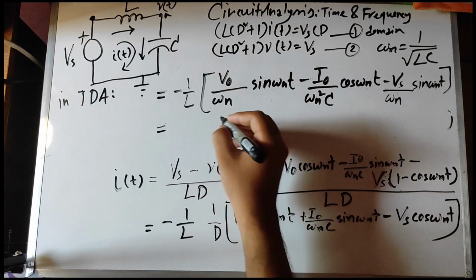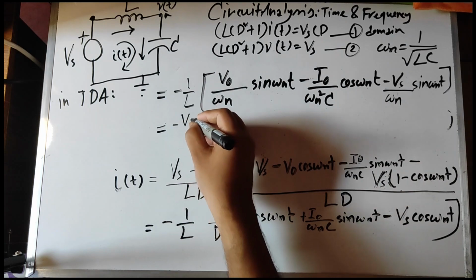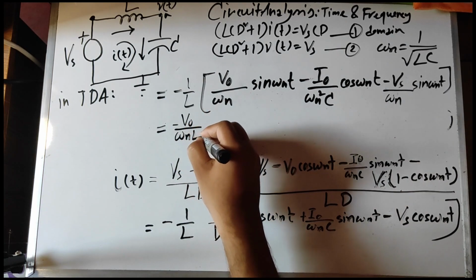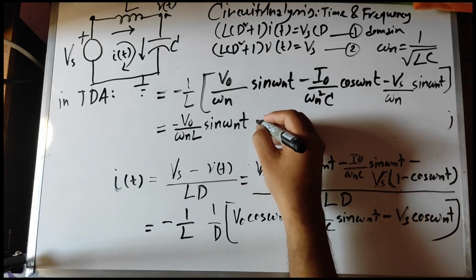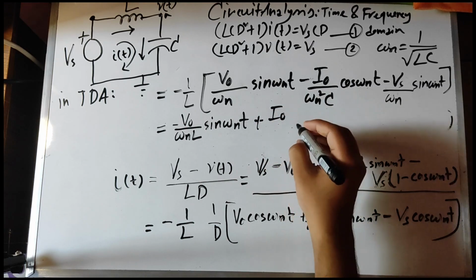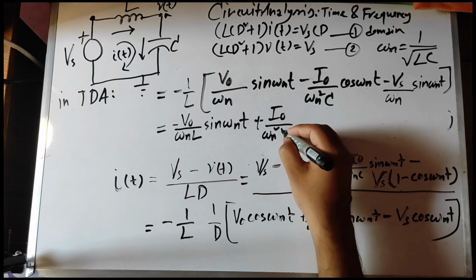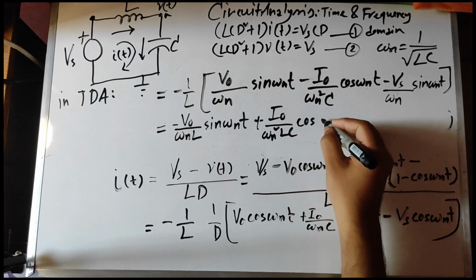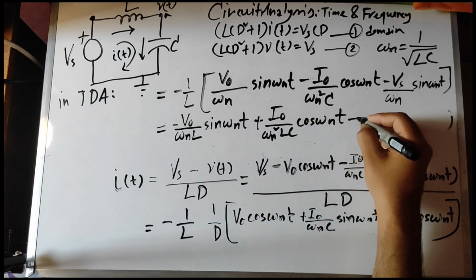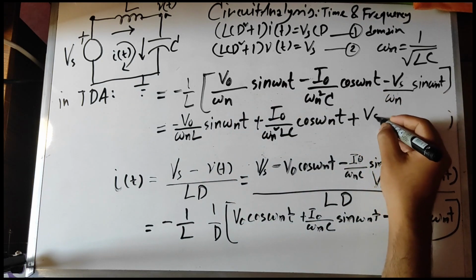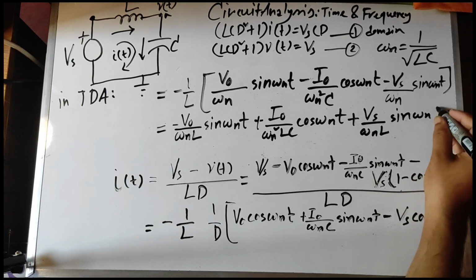Now if we take this inside the bracket, it will give us minus VO by omega n L sin omega nt plus IO, the initial current, by omega n squared LC cos omega nt, and this minus and this minus will be plus Vs by omega n L sin omega nt.